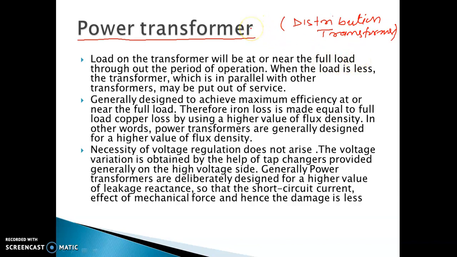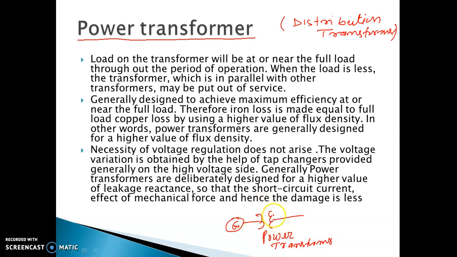This transformer is applied at the site of generation where electrical energy is generated. Suppose your generator is there and it is connected with the transformer. This is called a power transformer. Every time this transformer is loaded, so it is working on the full load side.